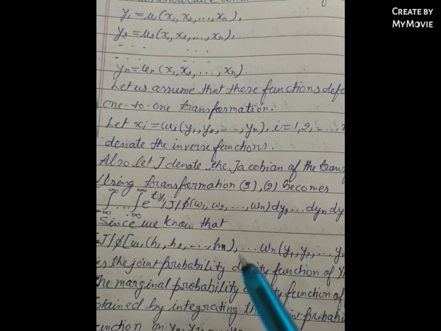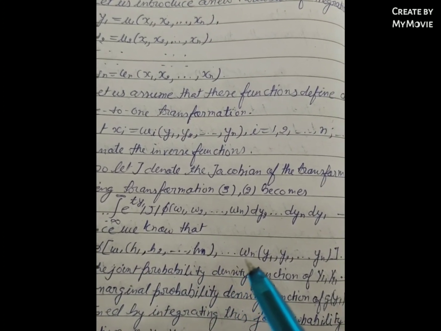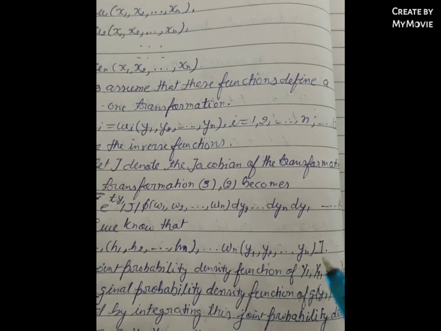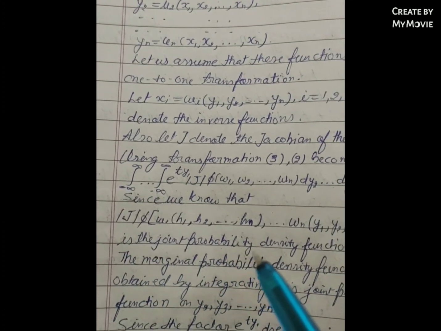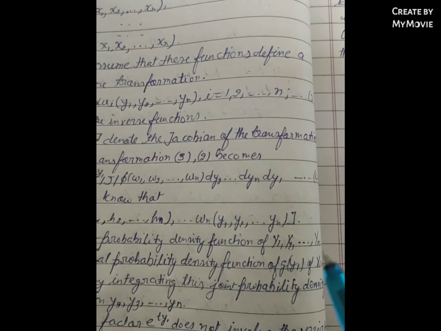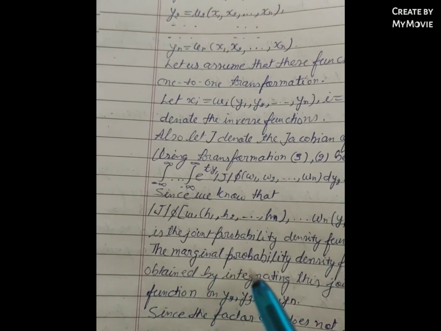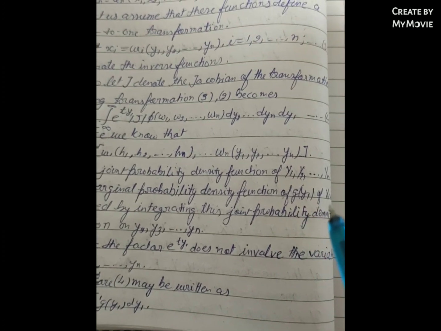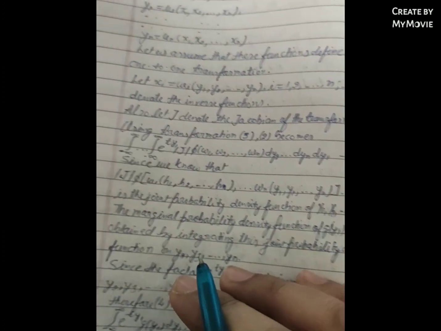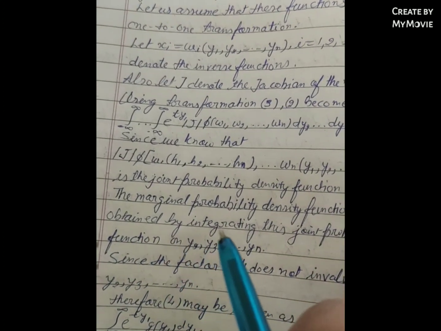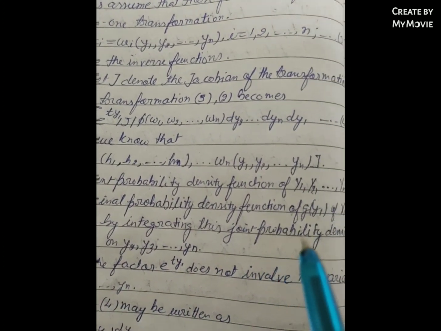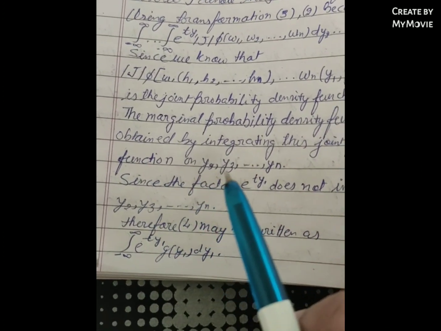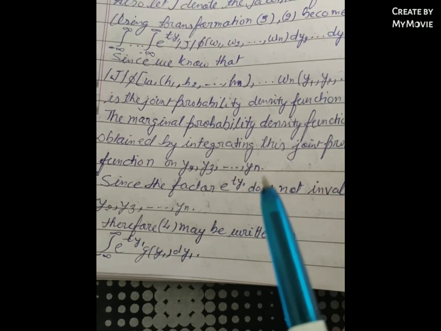Since we know that |J| φ[w1(y1, y2, ..., yn), ..., wn(y1, y2, ..., yn)] is the joint probability density function of Y1, Y2, ..., Yn, the marginal probability density function g(y1) of Y1 is obtained by integrating this joint probability density function over y2, y3, ..., yn.